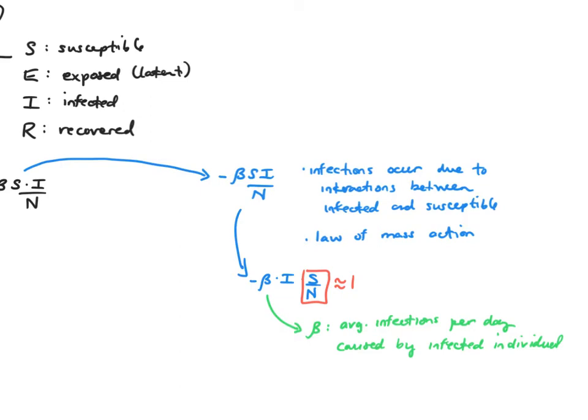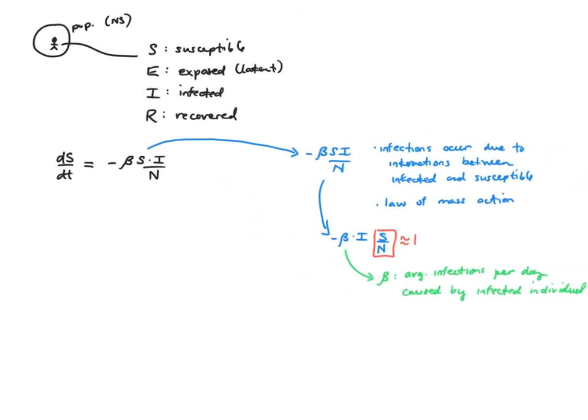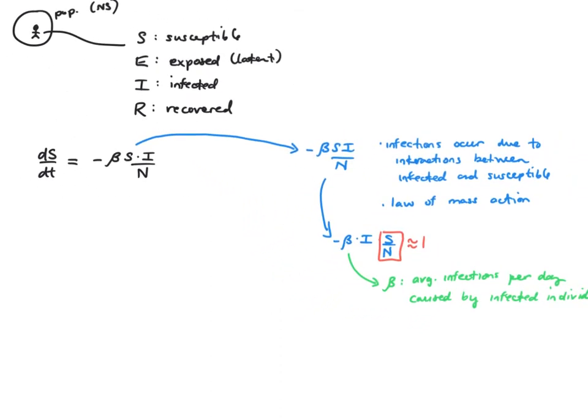Okay, so we know how the S category, the susceptible category, loses individuals. They don't gain individuals because you can't become resusceptible in this model. If you are susceptible and you become infected via this rate that I've described, this law of mass action, then you move into the exposed class.